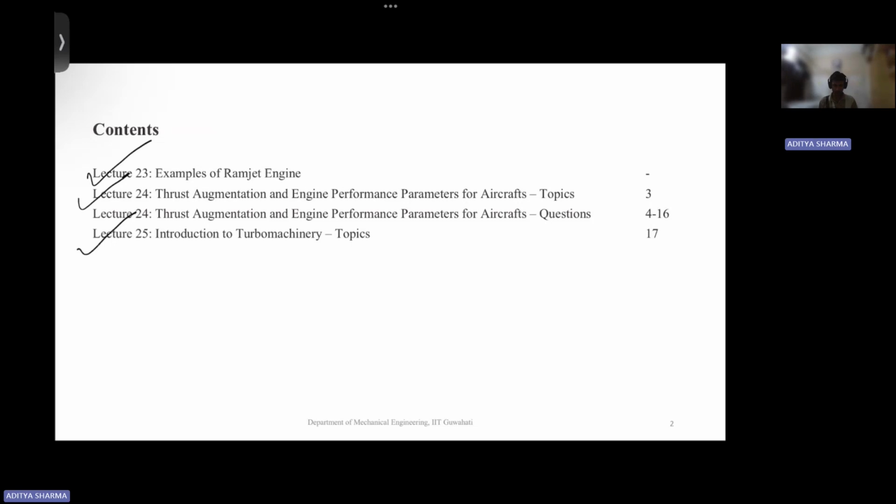The first is from a previous week only. Then you have thrust augmentation and engine performance parameters for aircraft. Engine performance parameters have been introduced most probably in the previous week's content.